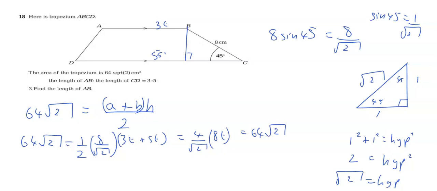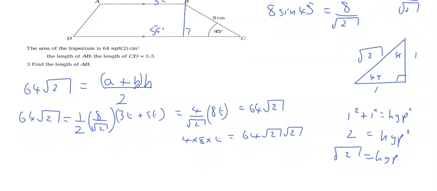I can multiply both sides by root 2. Root 2 times root 2 is 2. And so what I've got here, I've got 32t is 64 times 2.